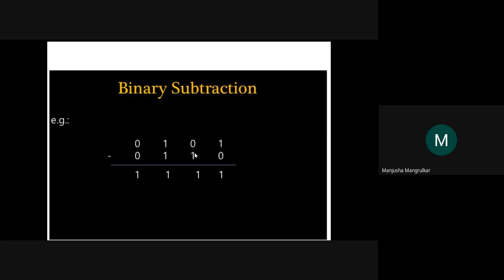Again 0 minus 1: 1 will come and 1 will be borrowed here, right? 1 minus 1 is 0. Again 0 minus 1, so again 1 here and 1 borrowed. 1 minus 0 is 1. Again 1 minus 0 is 1. So this is the result of this data.